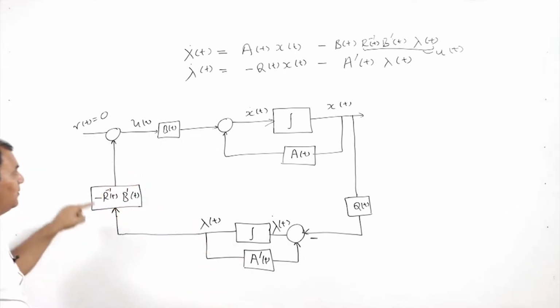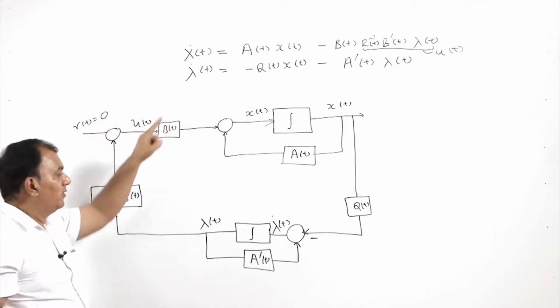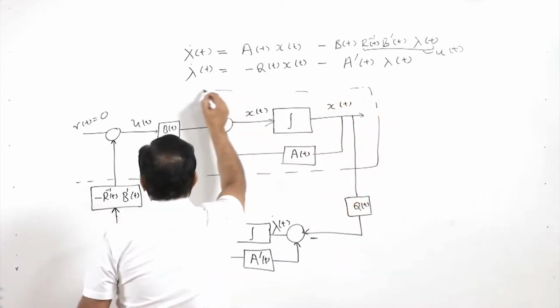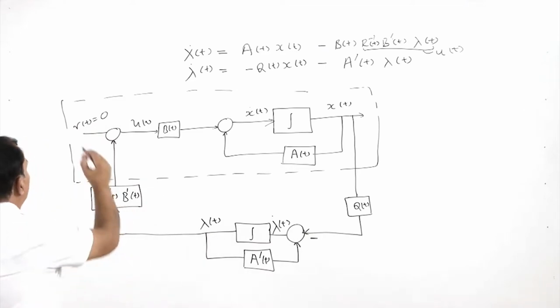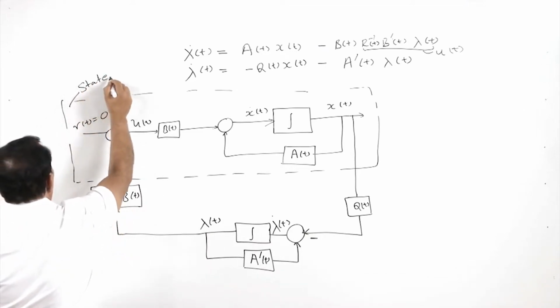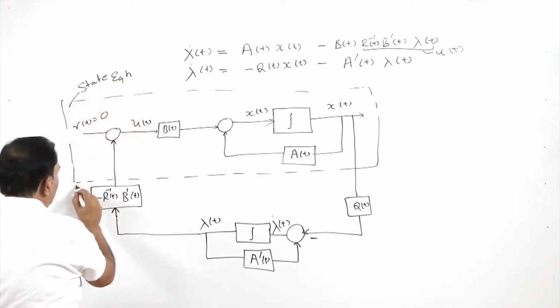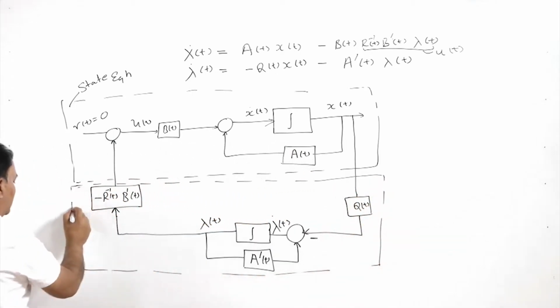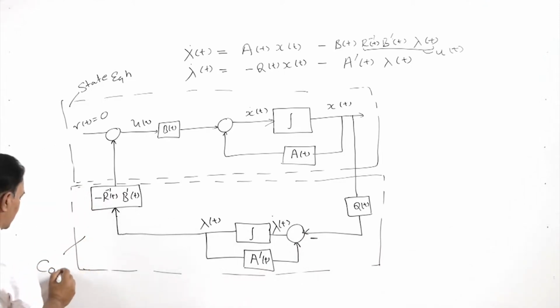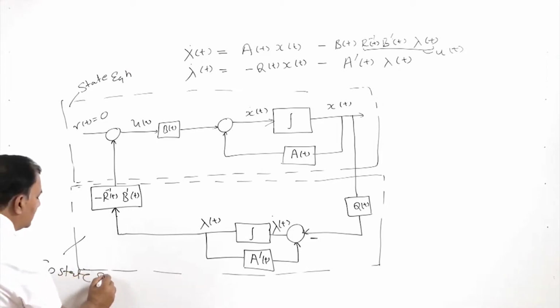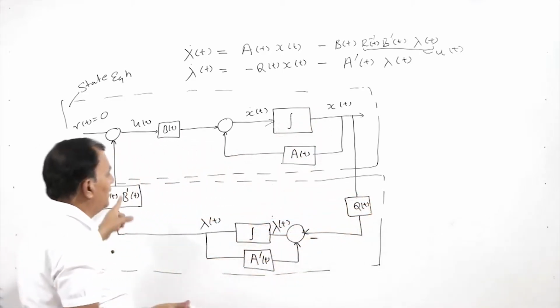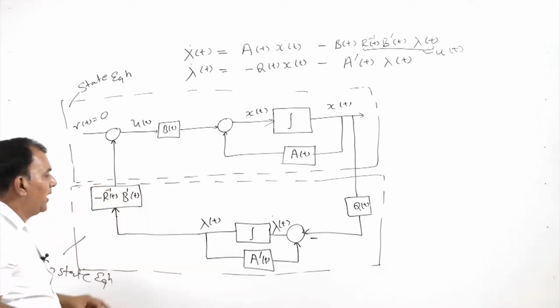This block diagram completely represents my state and co-state equations. The upper portion represents my state equation, while the lower portion is my co-state equation or system, whichever we can call it. So for a given plant we have to write an algorithm to find the value of R inverse B prime lambda.